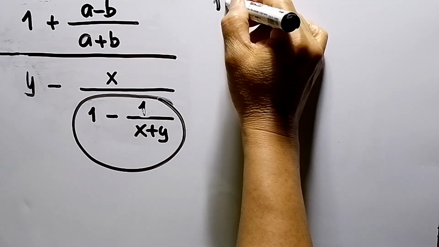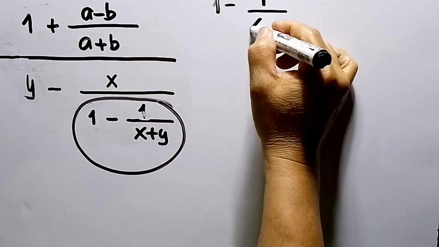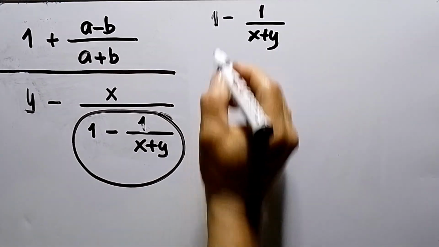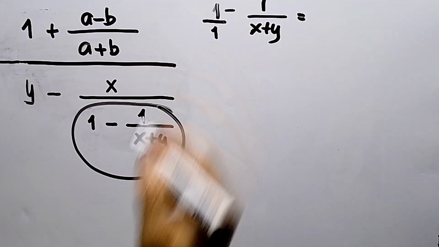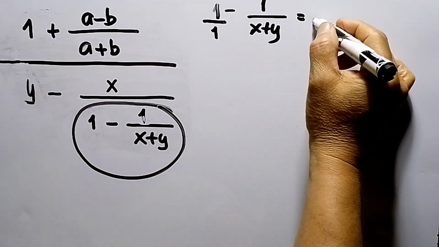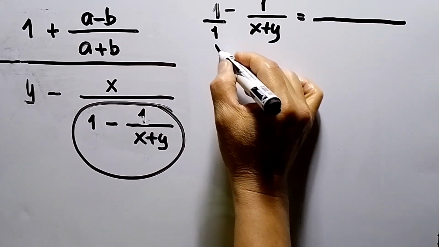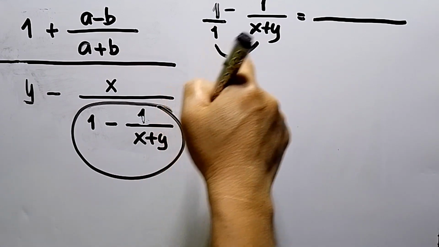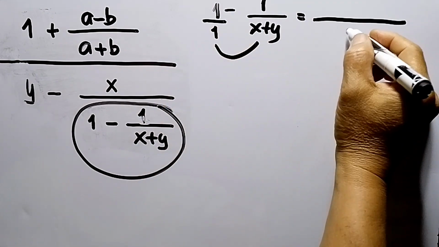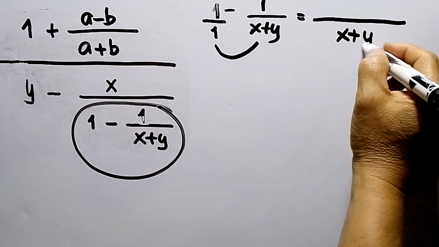So 1 minus 1 over x plus y. Since I don't have a denominator for 1, I will put 1. That will serve as my denominator. And then I need to find my LCD. To find my LCD, just multiply 1 times x plus y. So this will be x plus y.